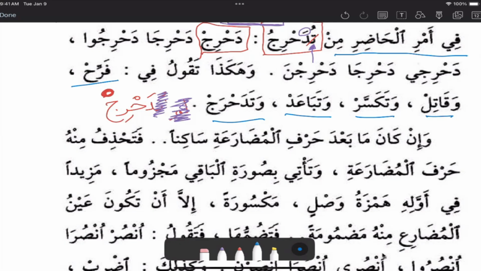Fa'alta, taf'alu. So then how do I get to the command? I need to remove the mudari' letter because it's not mudari' anymore, and bring the rest of the verb majzoom, like it's majzoom, ala surati al-majzoom, with the appearance of being majzoom.